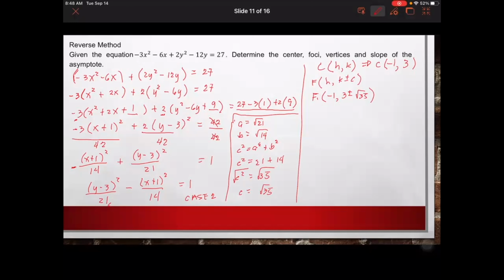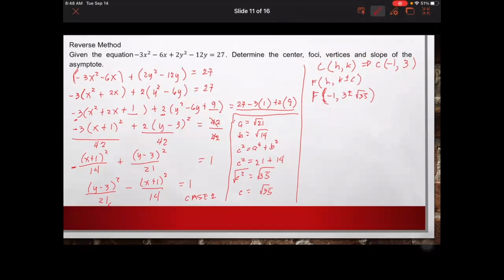For F1, it's negative 1 and 3 plus the square root of 35. For your F2, it's negative 1 and 3 minus the square root of 35.